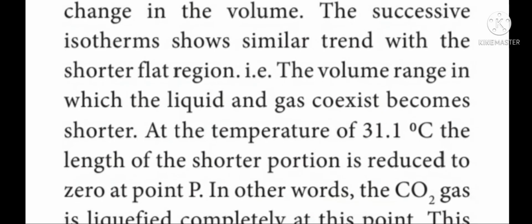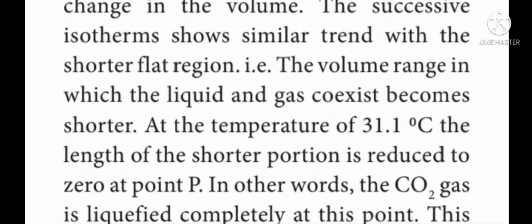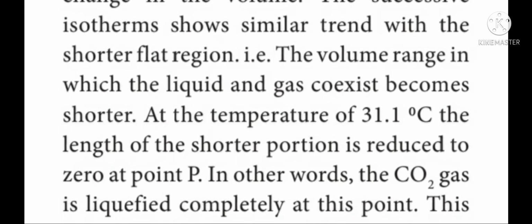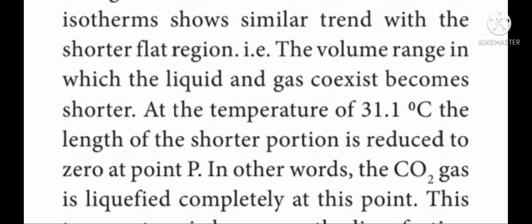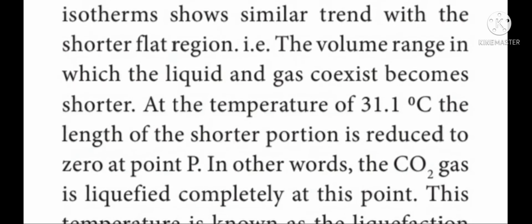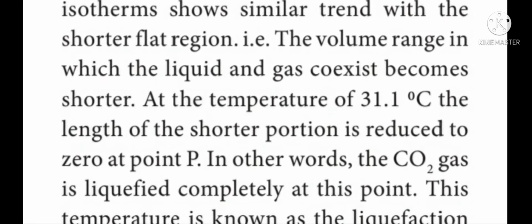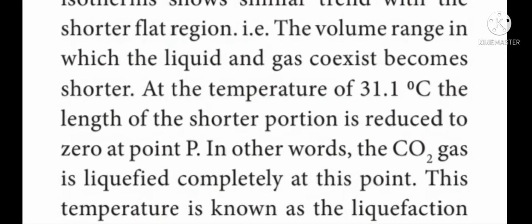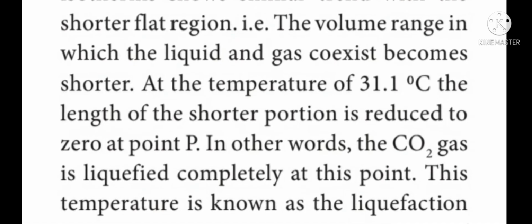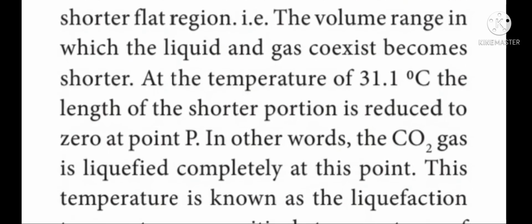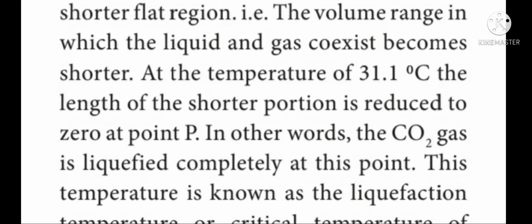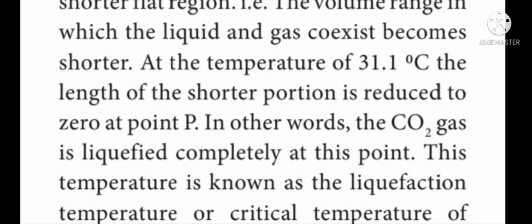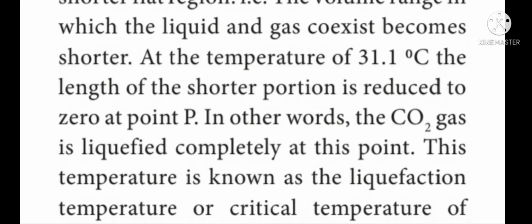The successive isotherms show a similar trend with a shorter flat region. That is, the volume range in which the liquid and gas coexist becomes shorter. At the temperature of 31.1 degrees Celsius, the length of the shorter portion is reduced to 0 at point P. In other words, the carbon dioxide gas is liquefied completely at this point.